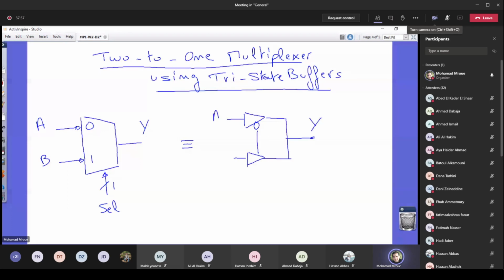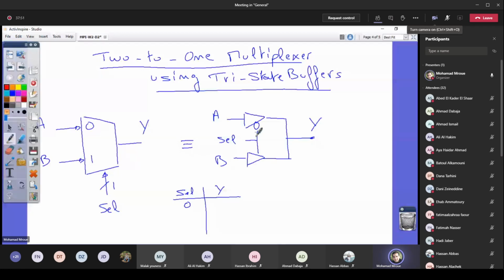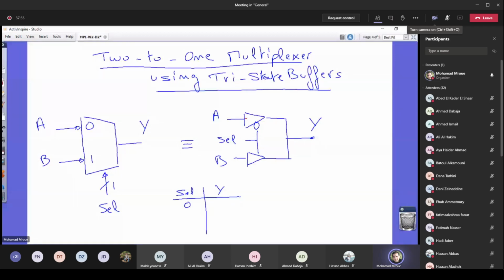This is the signal sel. Okay, so as we know, if sel equals 0, in this case we have a short circuit, so we have Y equal to A. From this side we have an open circuit, so Y equals A, right.